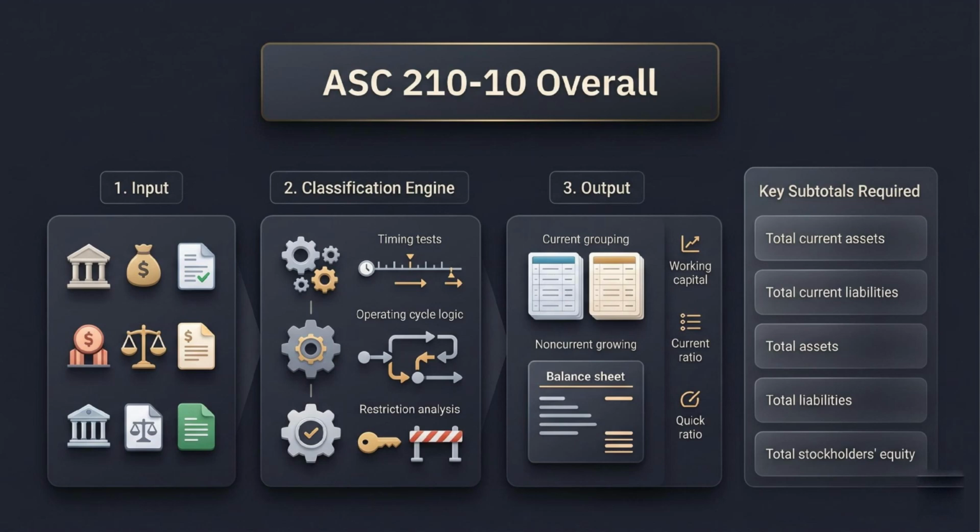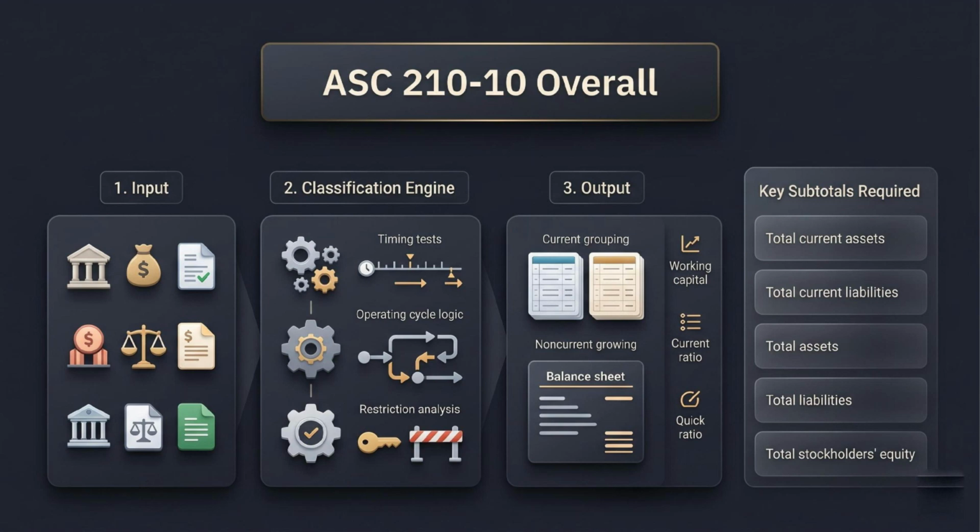Now we enter ASC 210-10, the classification engine of the balance sheet. This part helps us separate assets, liabilities, and equity into meaningful groups, especially current and non-current categories. Why does this matter? Because users do not look only at total assets or total liabilities. They also look at working capital, current ratio, quick ratio, liquidity strength, and near-term repayment pressure.